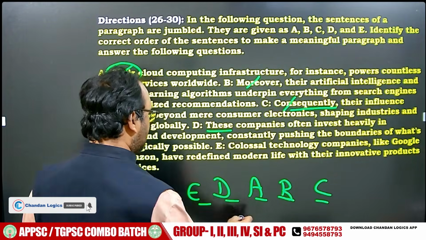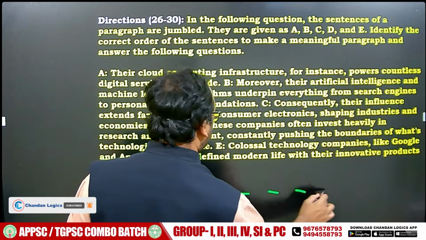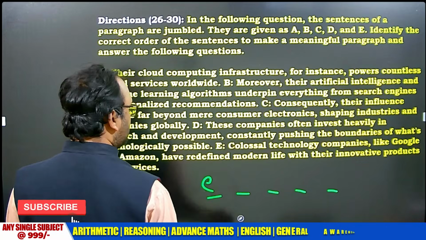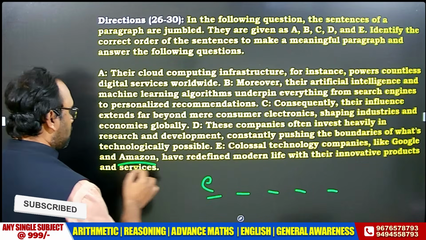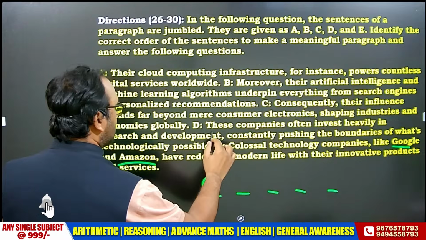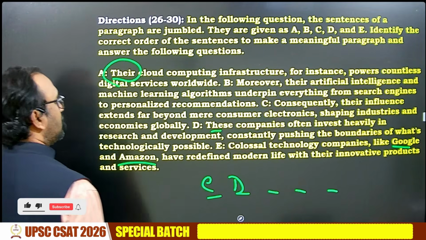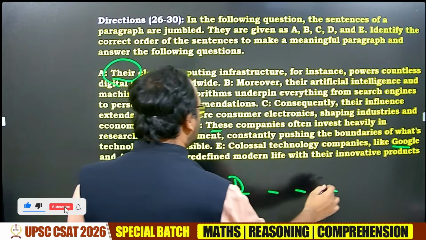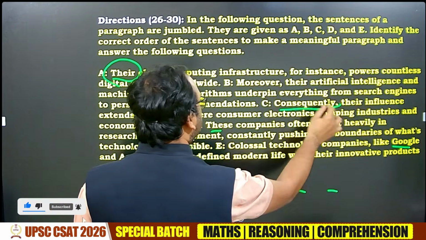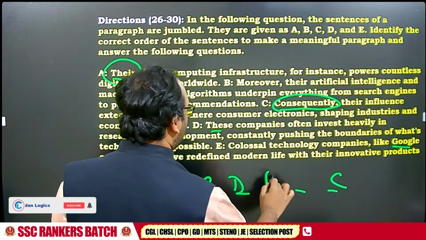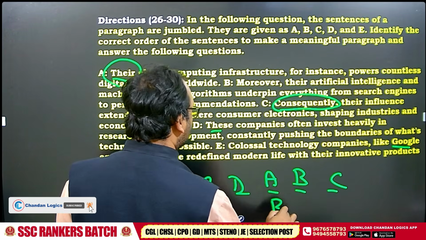The only possibility is with E. And companies, Google, Amazon. So these companies, fast. And again, there only. Maybe there is a little confusion here. Consequently is for sure last. The only doubt you can have is whether it is AB or BA.